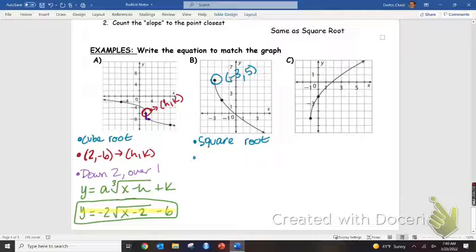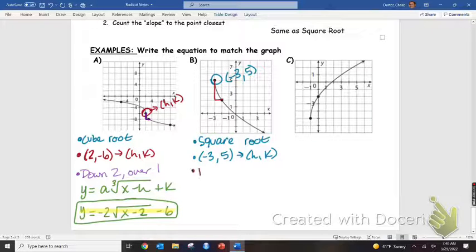That negative 3, 5 is h, k. And then if you look, I go 1, 2, 3, down 3, over 1.